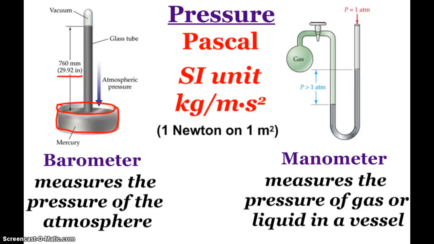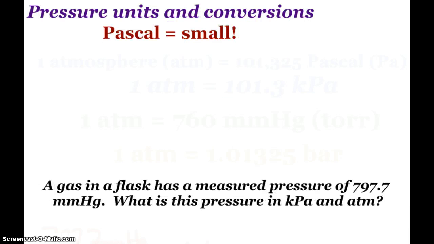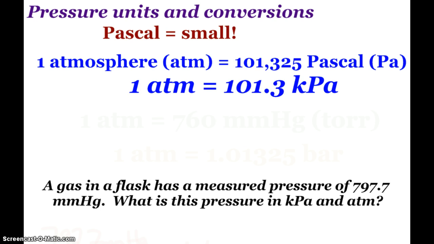The problem with the Pascal is that it's pretty small, so typically in chemistry class, we will not use that. 1 atmosphere is 101,325 pascals. So our typical standard 1 atmosphere of pressure is a lot of pascals. So if we do use pascals, typically we'll use kilopascals. And 1 atmosphere is about 101.3 kilopascals.